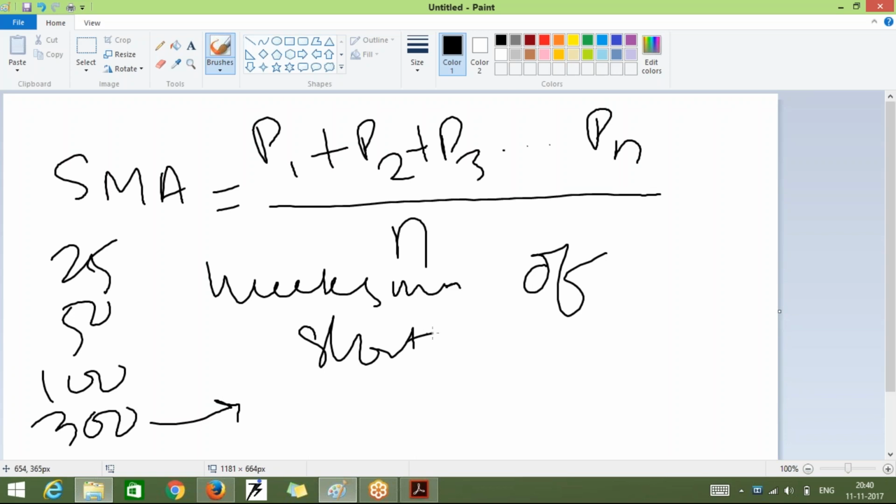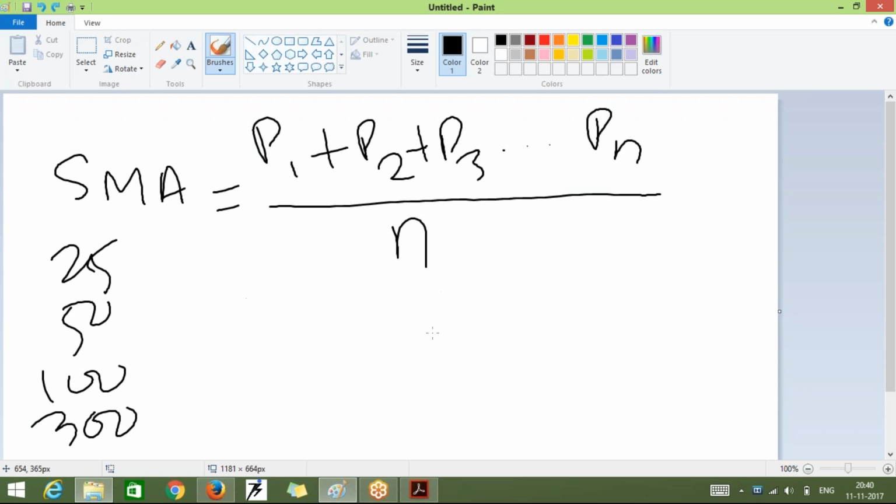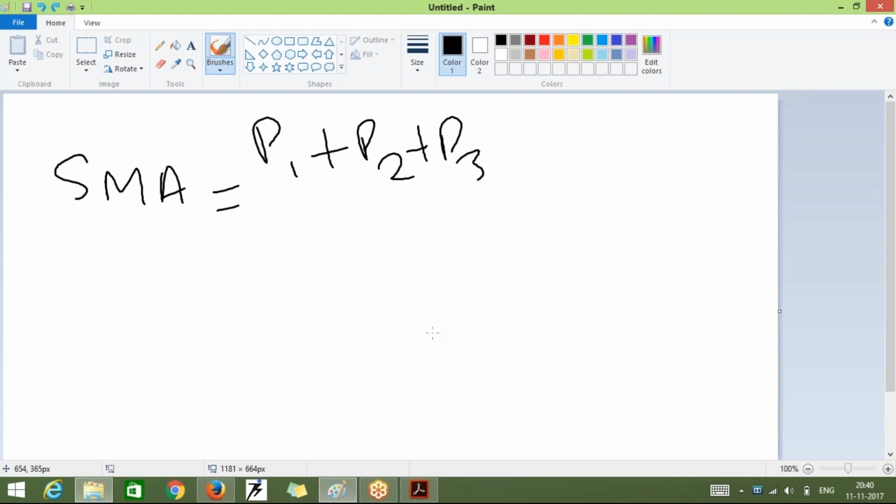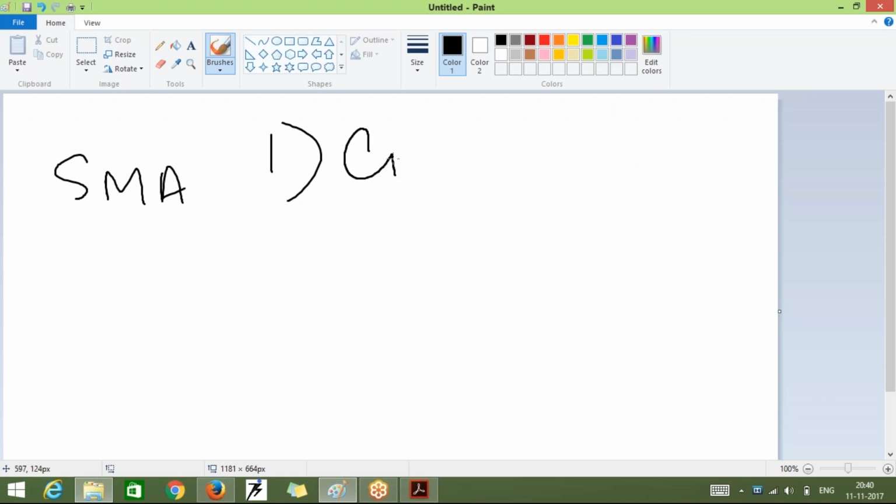So now coming to how an SMA can be traded. SMAs are actually traded in two ways. The very common and even quite successful one is the crossover.